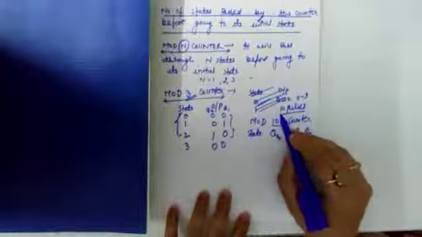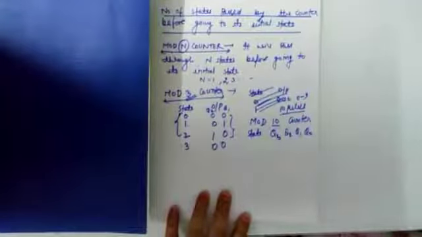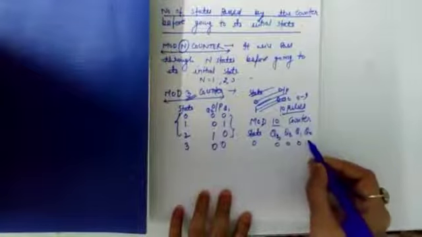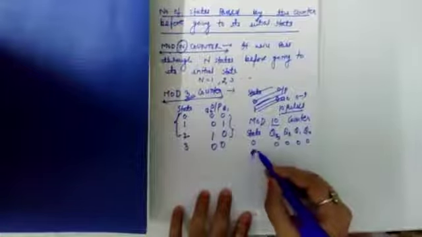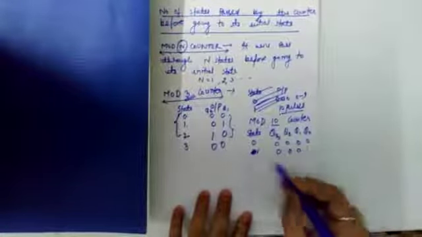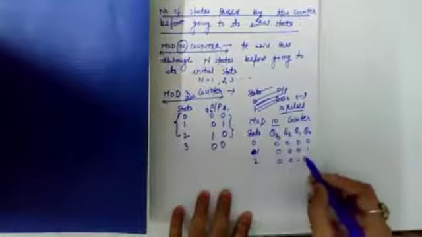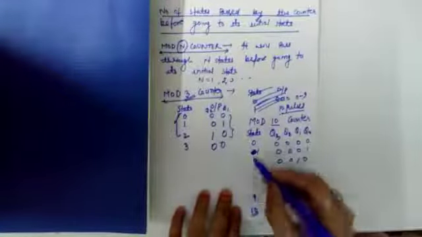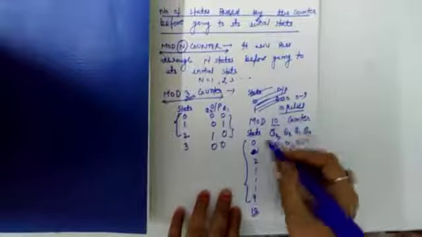It will count 0 0 0 0, then 0 0 0 1, 0 0 1 0, up to 9, which is 1 0 0 1. As the 10th pulse arrives, it has counted 10 pulses, modulus of 10. It passes through these 10 states.